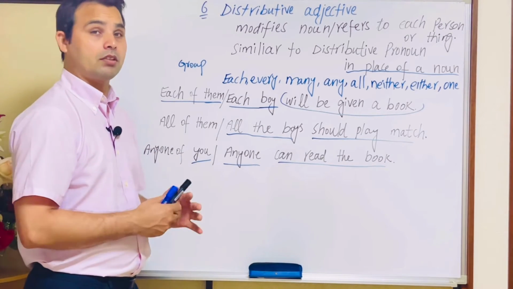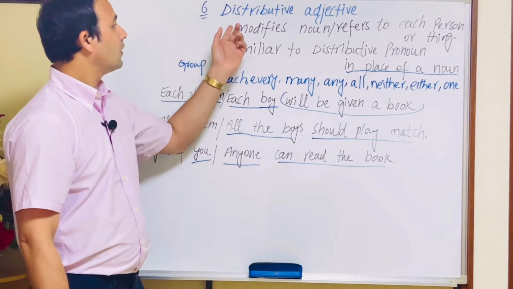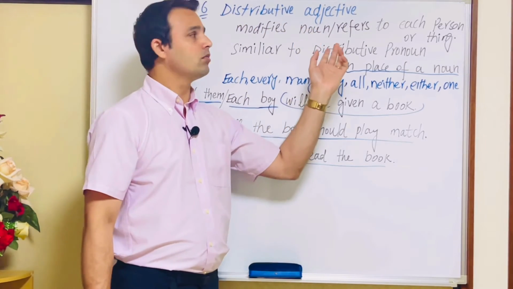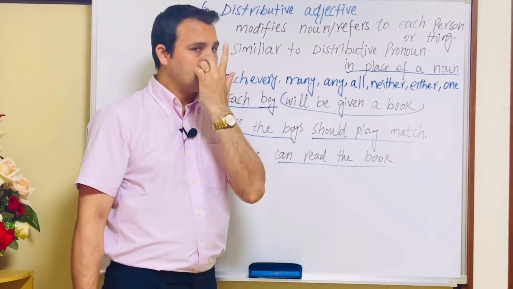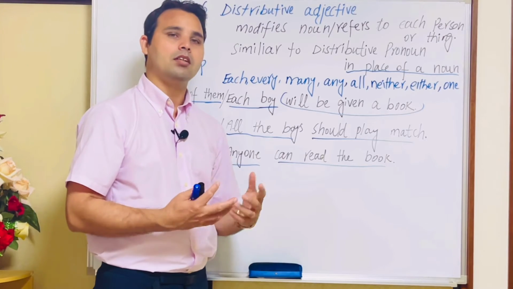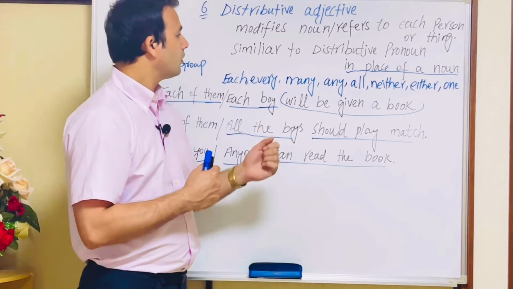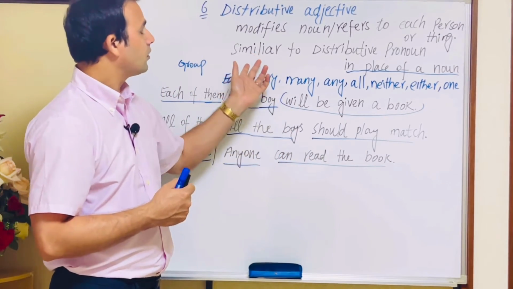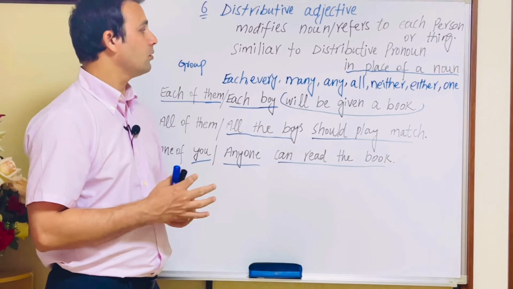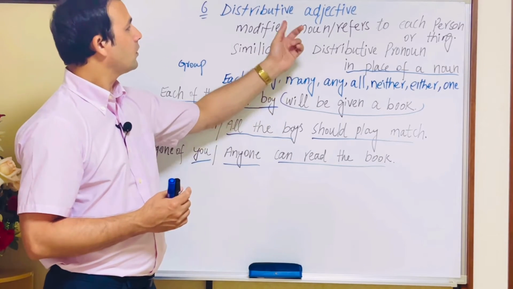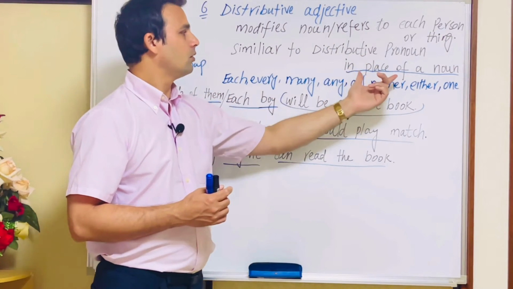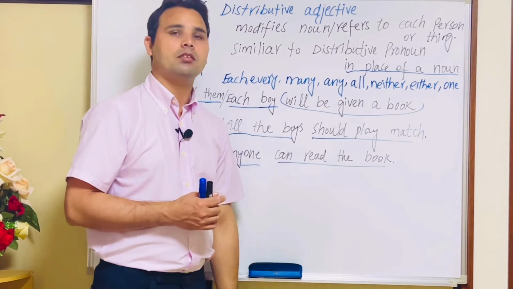So you must have the clear idea that distributive adjectives modify a noun, or they refer to each or every person or thing. Then they are similar to distributive pronouns, but distributive pronouns are used in place of a noun.